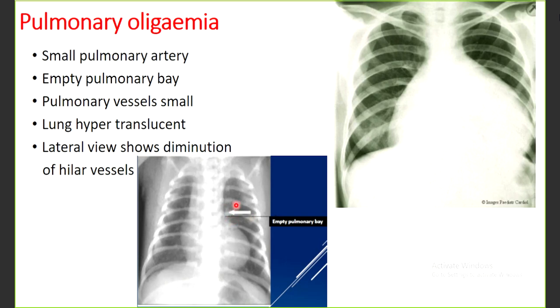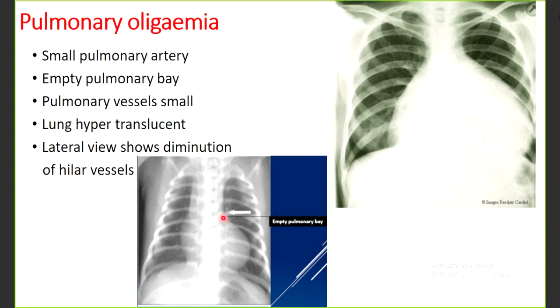And the pulmonary blood flow we have to assess once we see the empty pulmonary bay. Let us see this X-ray. The pulmonary blood flow is so diminished that it gives the appearance of hypertranslucent lung fields. So whenever we see hypertranslucent lung fields, it means there is pulmonary oligemia. In other words, distal pulmonary blood flow is diminished.